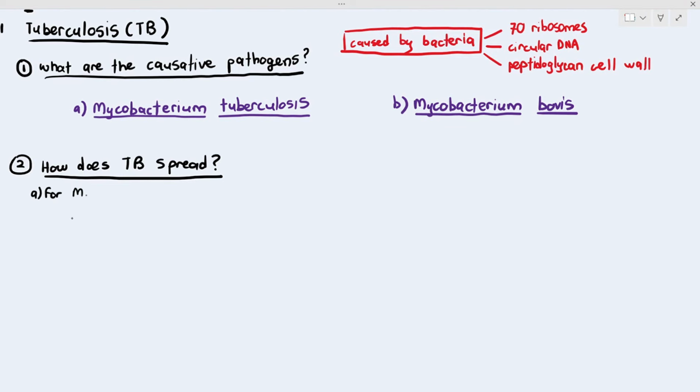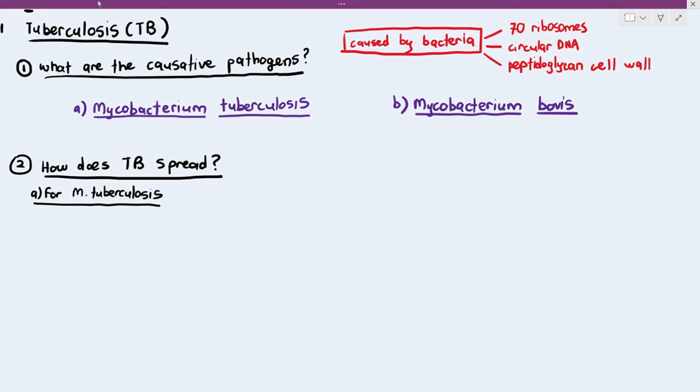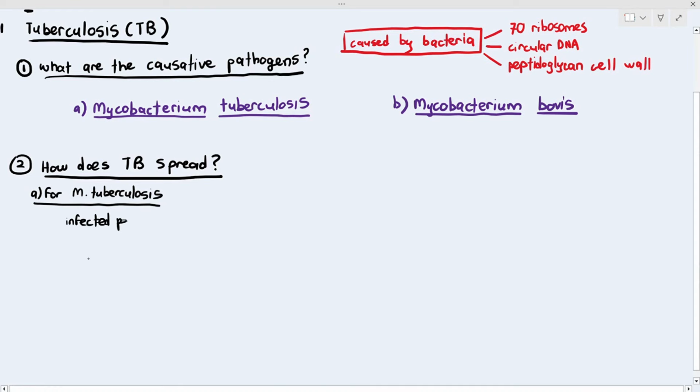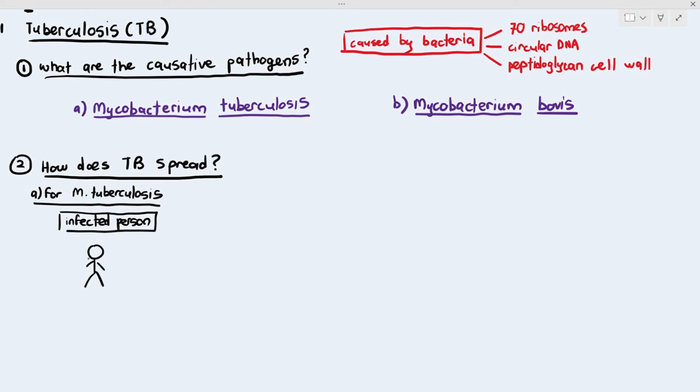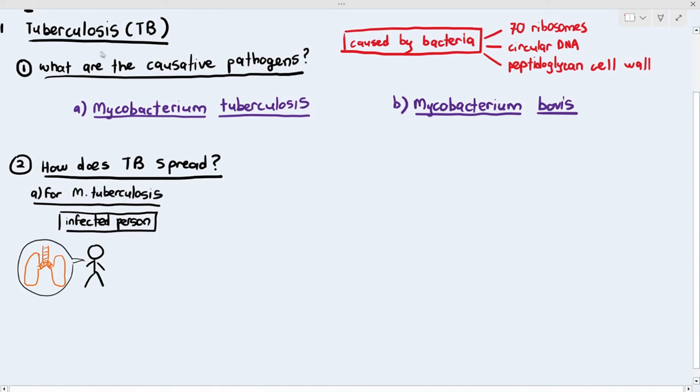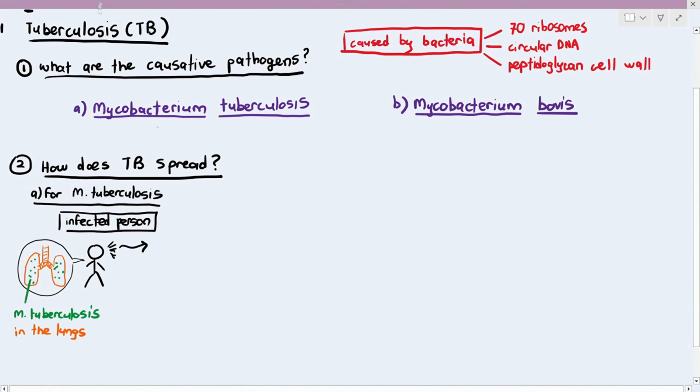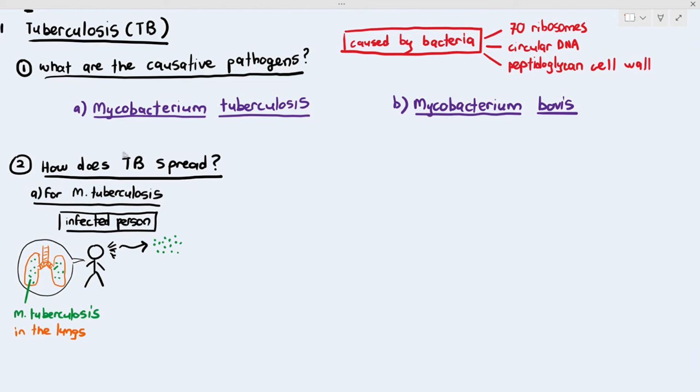So, for Mycobacterium tuberculosis, what happens is the bacteria are inside our lungs, because TB can affect many different parts of the body, but the most common organ that is affected by TB are our lungs. So the Mycobacterium tuberculosis bacteria are in the lungs, and when we cough or when we speak or when we even just exhale, we release out airborne droplets containing M. tuberculosis.